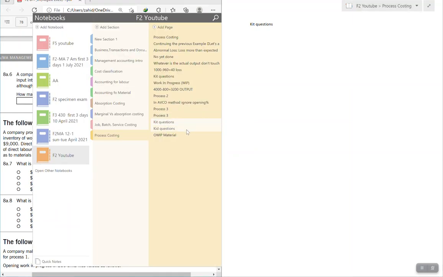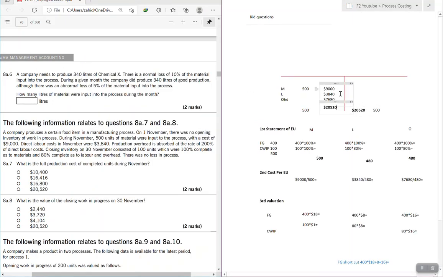So in this next page, I have prepared that format to save time, where 500 units as 9,000 and 3,840, and overheads is 200% of the labor, which is 3840 multiplied by 200% becomes about 7680. So this is input. Now we do what we always do, prepare statement of equivalent units.